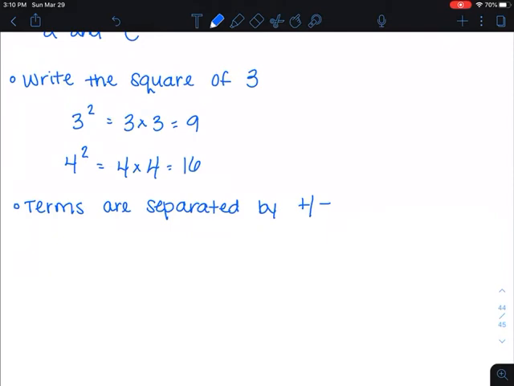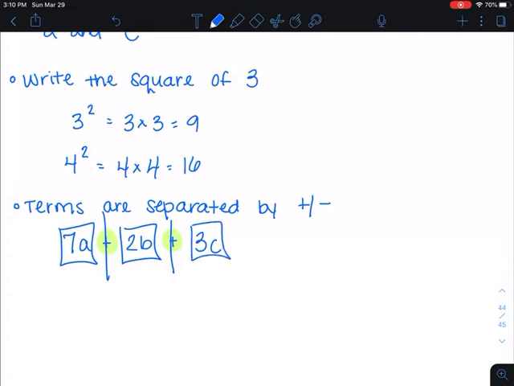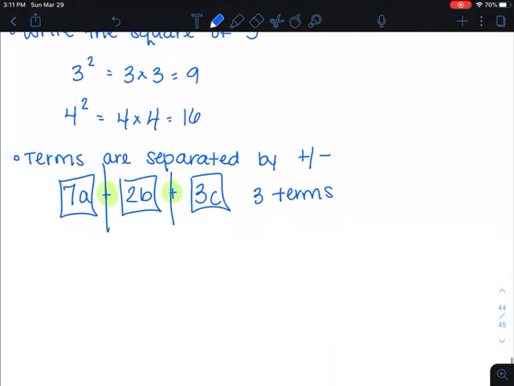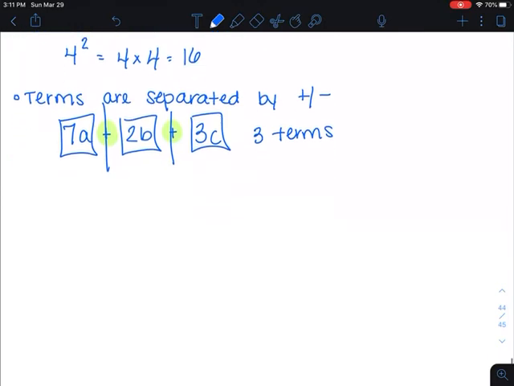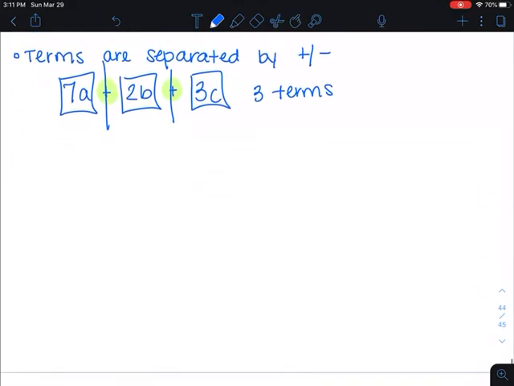So if I have 7a plus 2b plus 3c, we have adding here and adding here, so this will break it up, which means we have 1, 2, 3 terms. Alrighty, don't forget that's called a trinomial if it's 3. 1 is monomial, 2 is binomial, 3 is trinomial. Polynomial is just many terms.